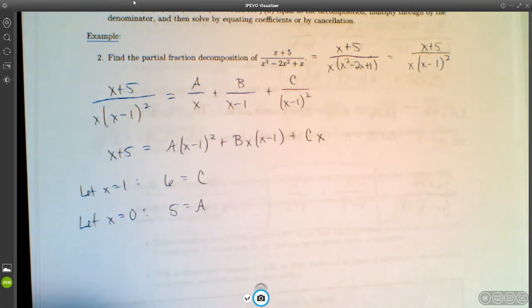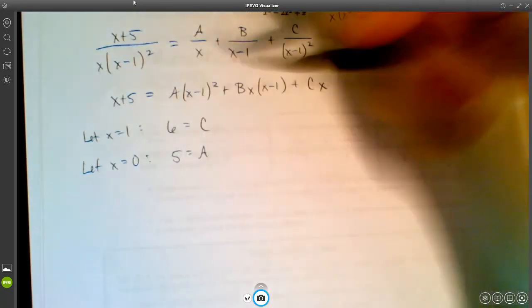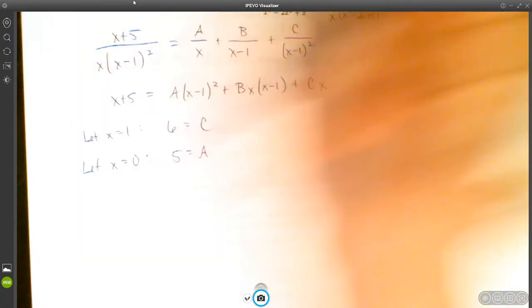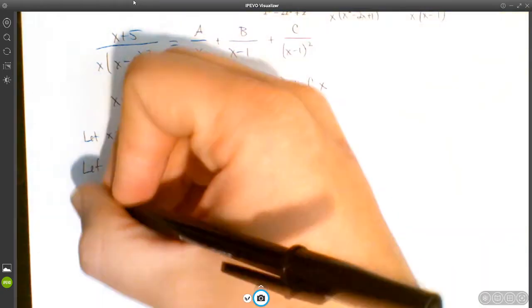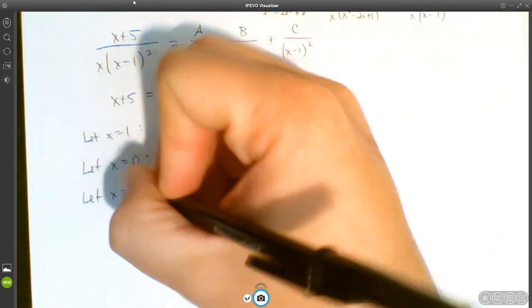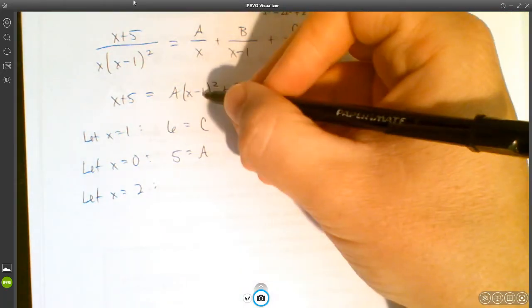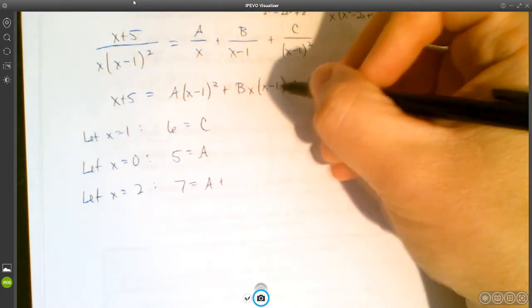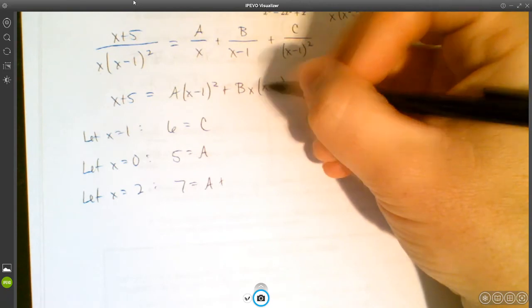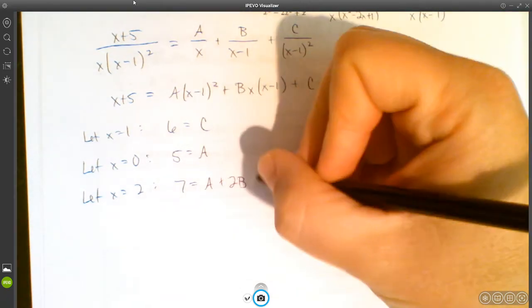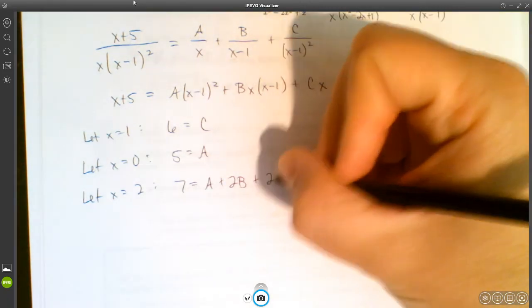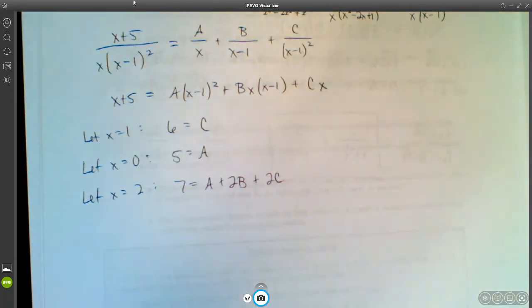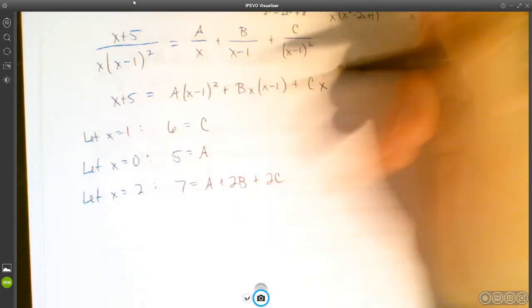How do I get B, though, right? I'm not going to figure out what B is by canceling something off. I suppose that I could let x be some other number, right? I could say, let x be 2 or something like that. 2 minus 1 is 1, 1 squared is 1, so I get 7 equals A plus 2 minus 1 is 1, 2 times 1 is 2, so 2B plus 2C, right? But I already know that A is 5 and C is 6.